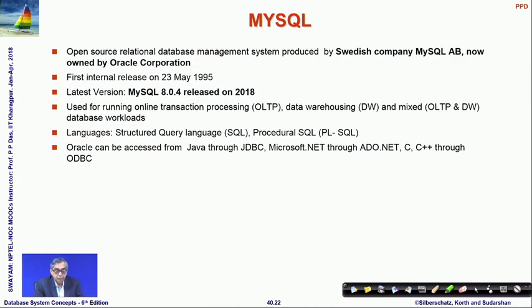MySQL is probably most widely used amongst the free community, among the open source community also, where the first internal release happened in 1995, and the recent releases happened this year. So, these are the common database systems that you will come across. Given the organization that you are working with, first find out which database system it uses and then look into the specific manual for that and specific features.